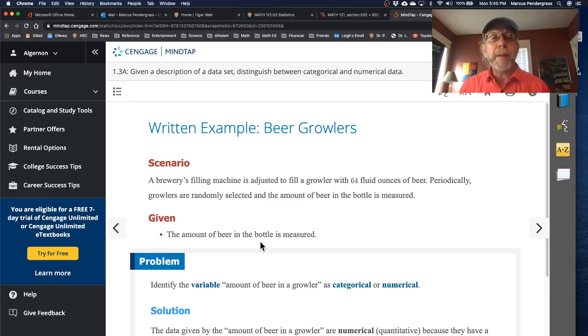So the amount of beer in the bottle is the variable, and this would be a numerical variable, a quantitative variable, and it would also be a continuous variable, right? Not a discrete variable, because even though we want to say 64 ounces, if you actually measured the exact amount of beer in a growler very accurately, it probably wouldn't be exactly 64.000 ounces. You could have anything after that decimal point. So it's a continuous numerical variable.